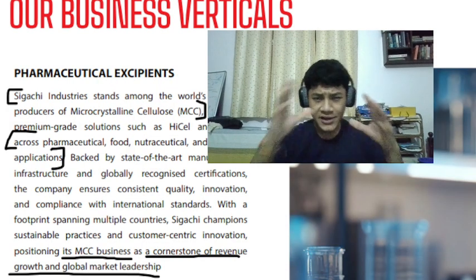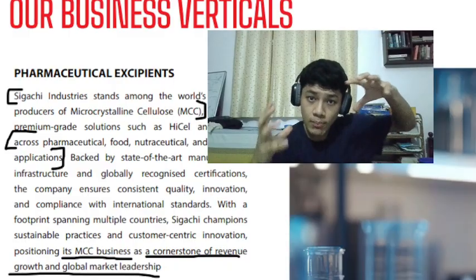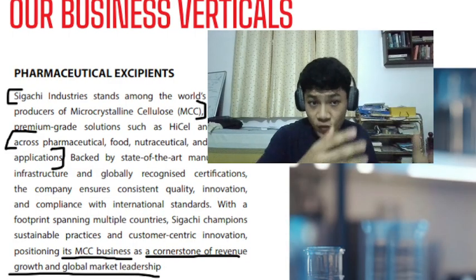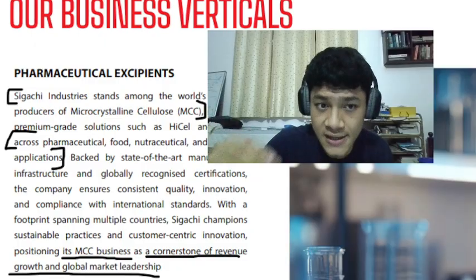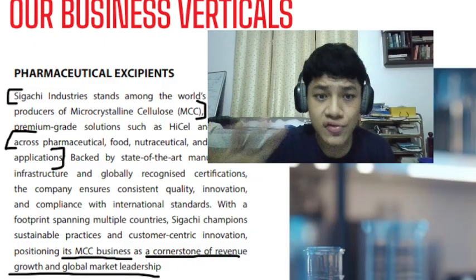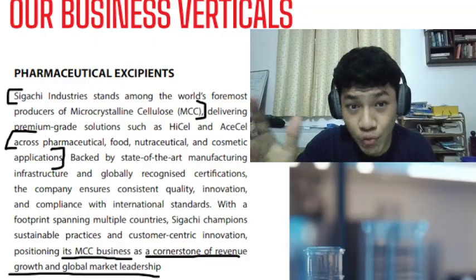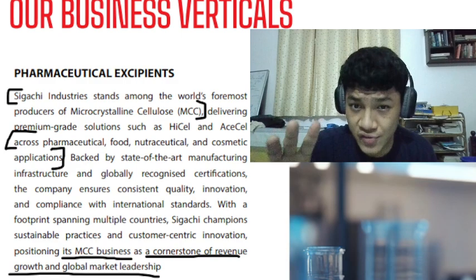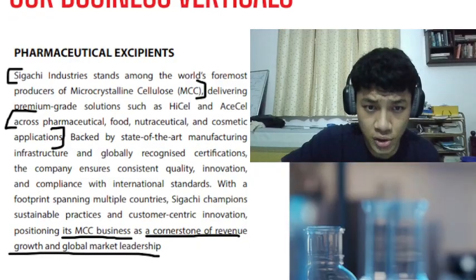We already saw the binder feature of MCC, binding the components of a tablet together. So even in cosmetics and food, this product can be used. So the important thing we can learn is this product has use across various industries. Pharma is already big, cosmetics is already a massive industry. Food, I don't know what nutraceutical is, but four massive industries have been mentioned. So massive markets for this product.